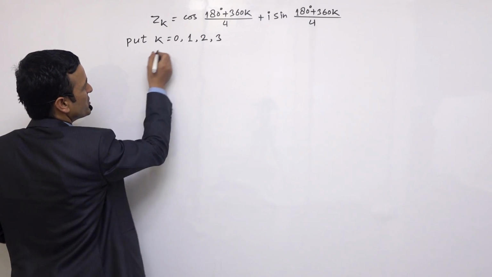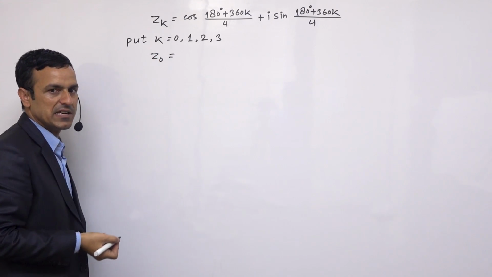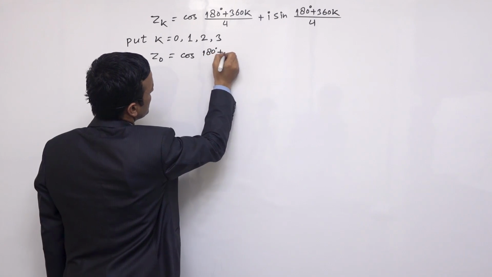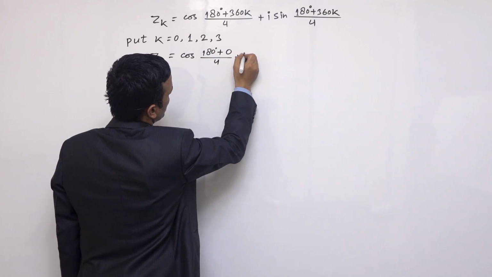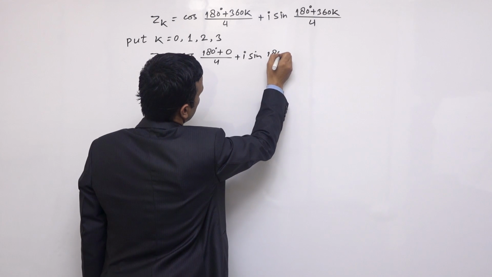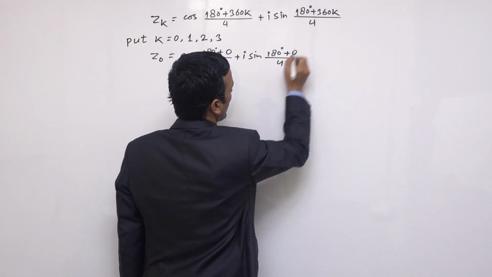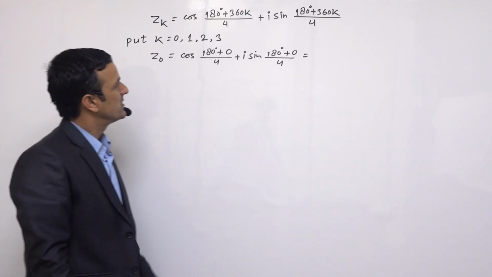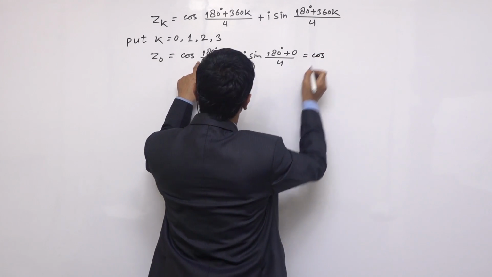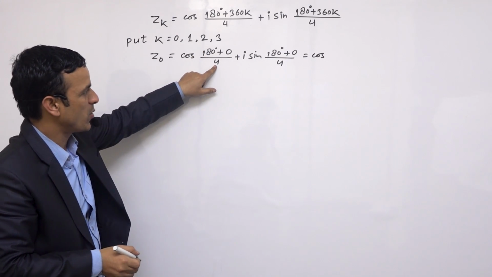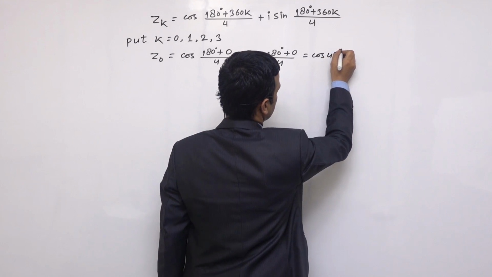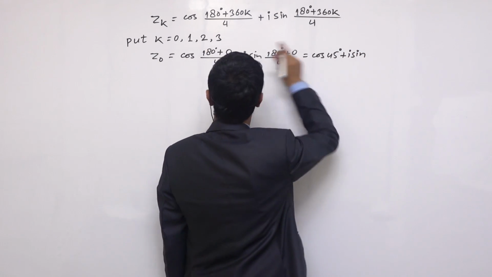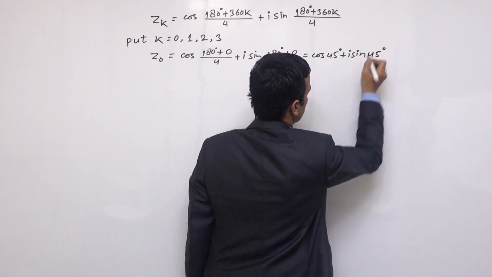So let's put the 0 value. z_0 means what? Let's solve together. So cos (180 plus 0) divided by 4 plus i sin (180 plus 0) divided by 4. Value of k is 0, so 0 into 360 means 0. So if you solve this, then cos 180 divided by 4 means it is 45 degree, plus i sin, it is also the same as the previous term, so it is 45 degree.